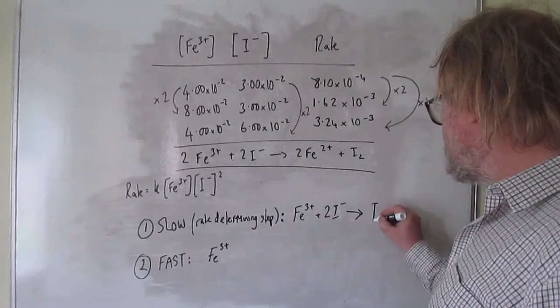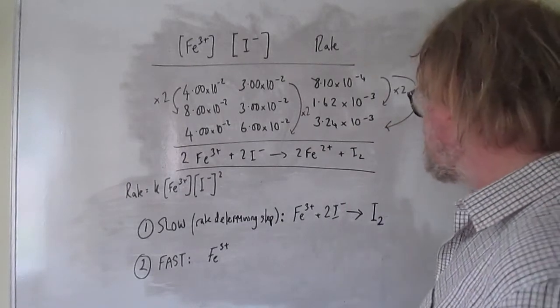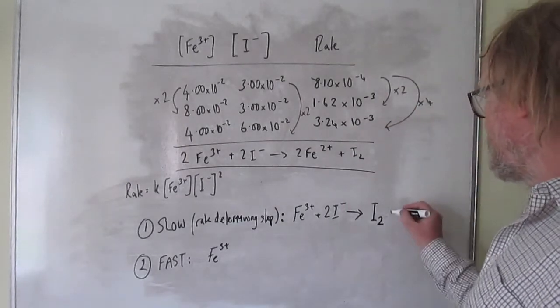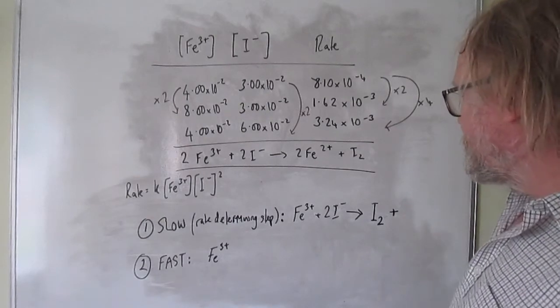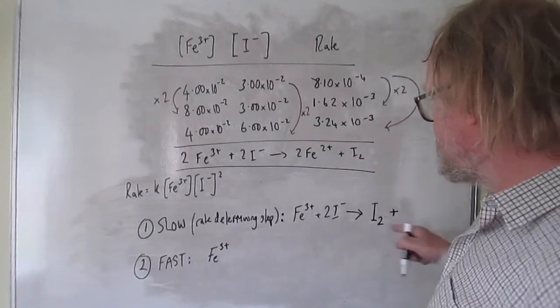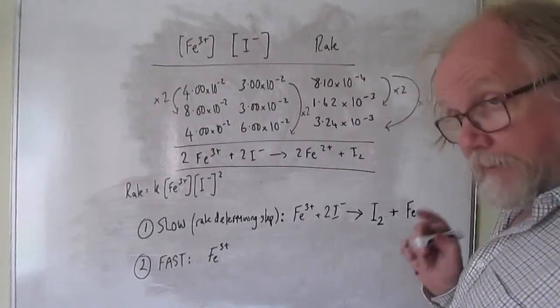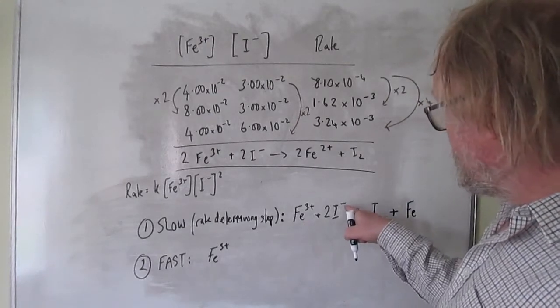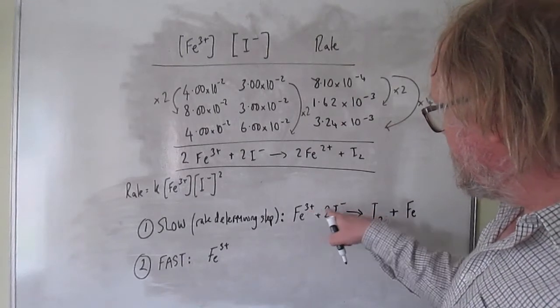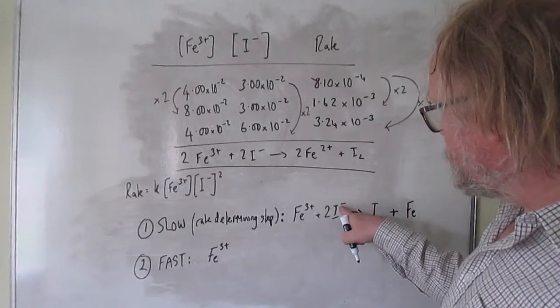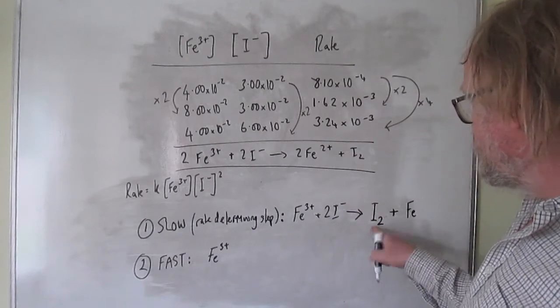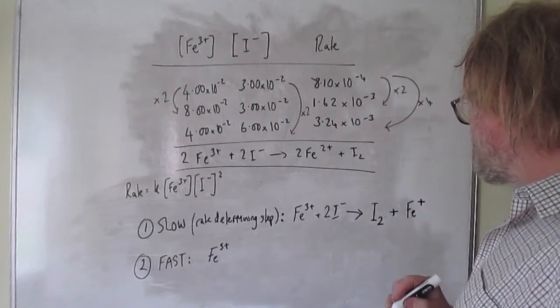So let's, as an example, and this is not the only possible answer, do that and then think, right, if we form I2, what would the other product have to be? Of course it's got to balance, and that means that there's only going to be 1 Fe, but we've got to think about the charges. At the moment the total charge on the left is 3+ and 2- is 1+. So if that's just neutral I2, this has to be Fe+.